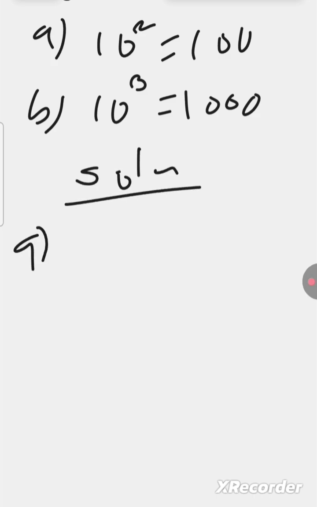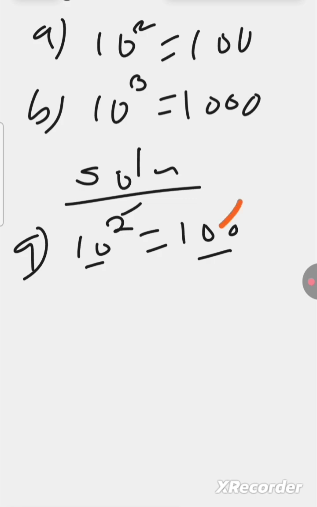remember we have 10 power 2, or index 2, equals 100. And we say 2 is the power or the index, 10 is our base and 100 is our number.